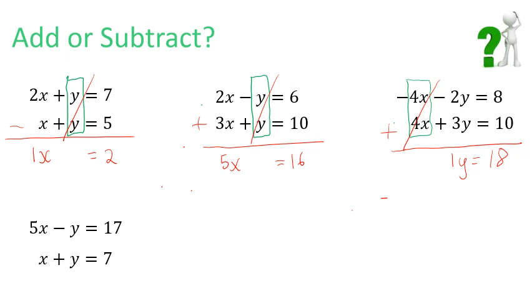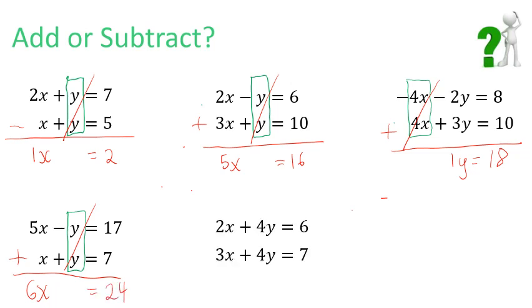This one here, matching variable, the two y's, they're the same. Let's try adding them. See if it eliminates that. 5x and x, 6x, negative y plus y. Yep, that cancels out. 17 and 7, 24. All right, I think you guys are getting the hang of it.